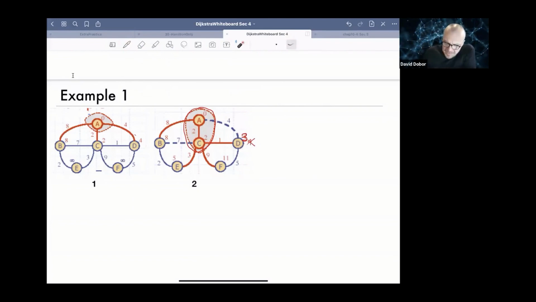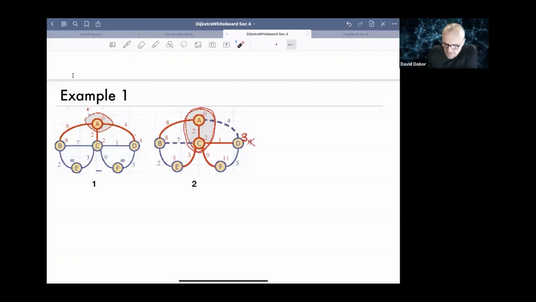Well, with B, nothing changes because initially the cost of reaching B was 8. I do have another way of reaching B. But notice that this edge here is dashed. Why is it dashed? As is this one, by the way. This is called a relaxation step, but more on that later when we write the pseudocode.